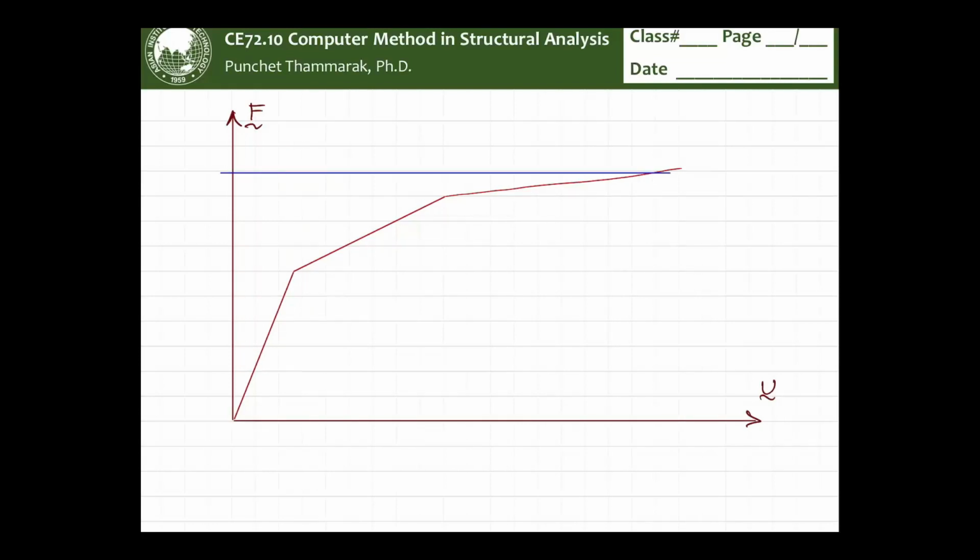So let me set this up. If this is the F star, for this given system you have the trilinear behavior. For bilinear, you might think of steel. Pre-yielding and post-yielding, you get the flat slope.